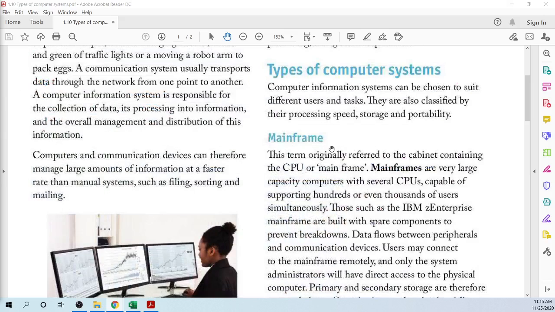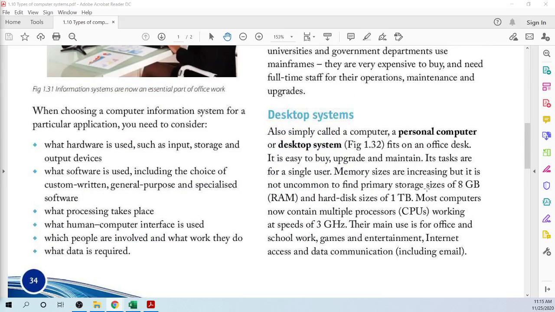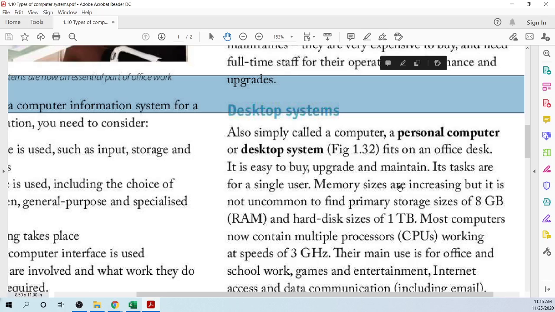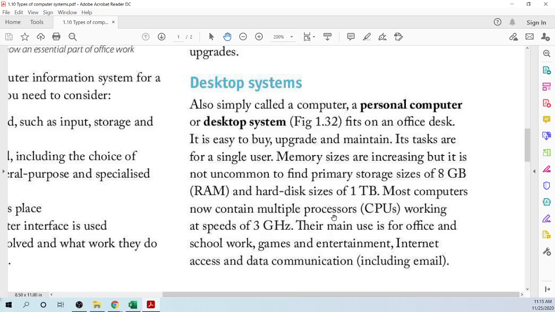Hopefully it is. All right, so the next type of computer are the common computers that you guys know about, the desktop systems. So let's see, Jonathan, you can read for us. Desktop systems, also simply called a computer, a personal computer or desktop system, fits on an office desk. It is easy to buy, upgrade, and maintain.